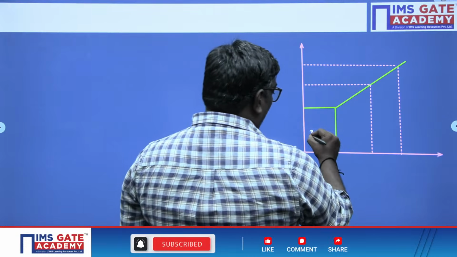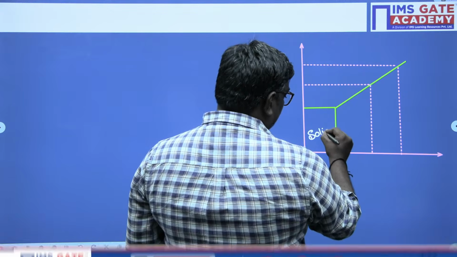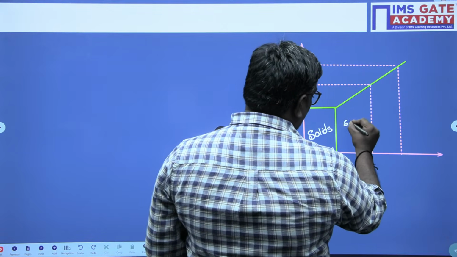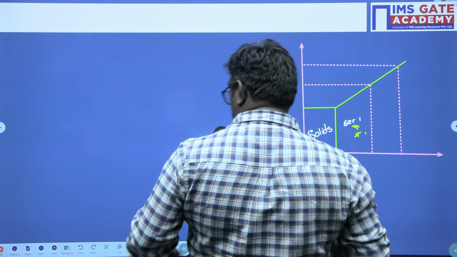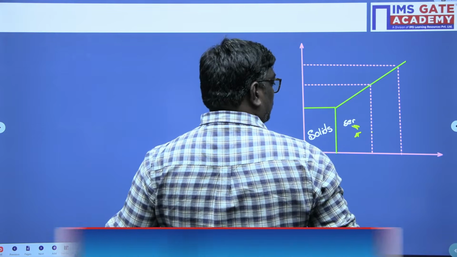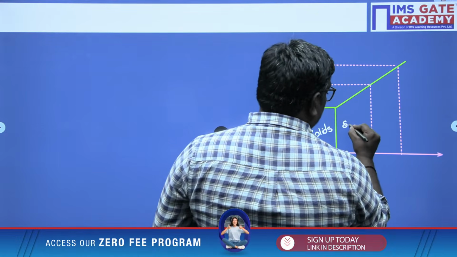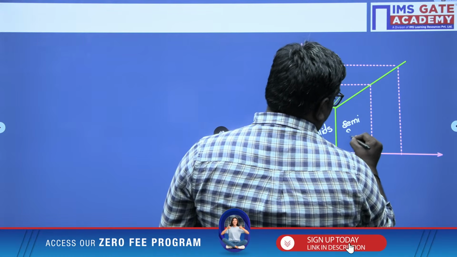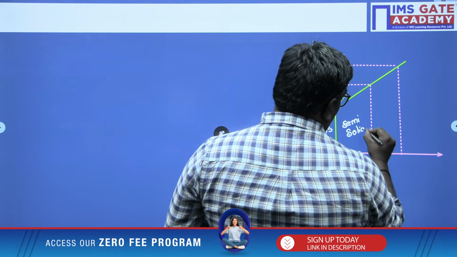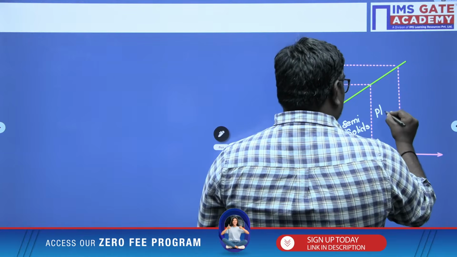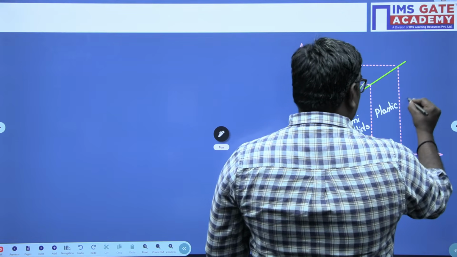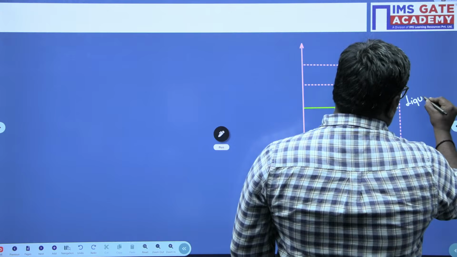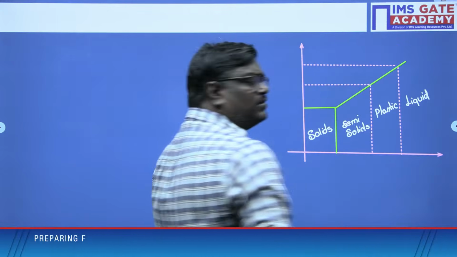Okay, here we have solids. Here we have semi-solids. And this is the plastic state. And this is the liquid state. These are all states of the soil.